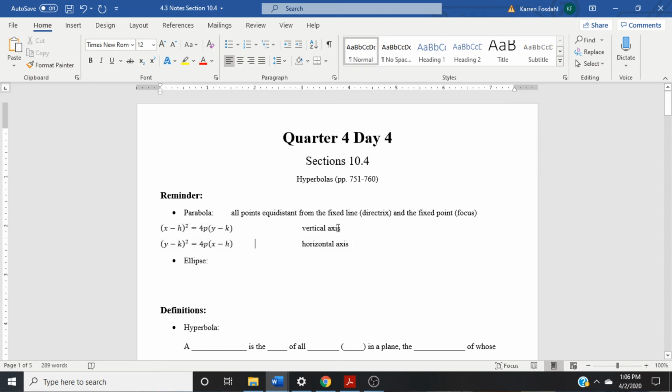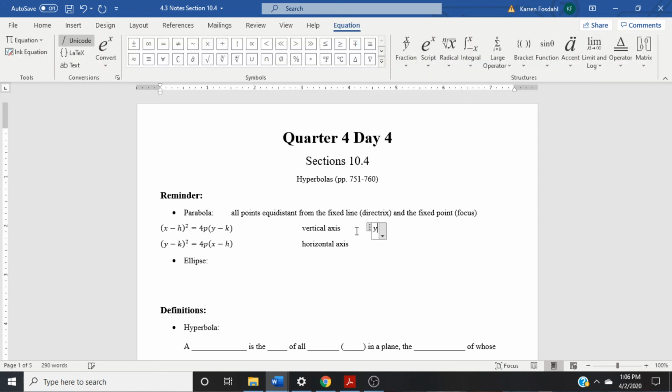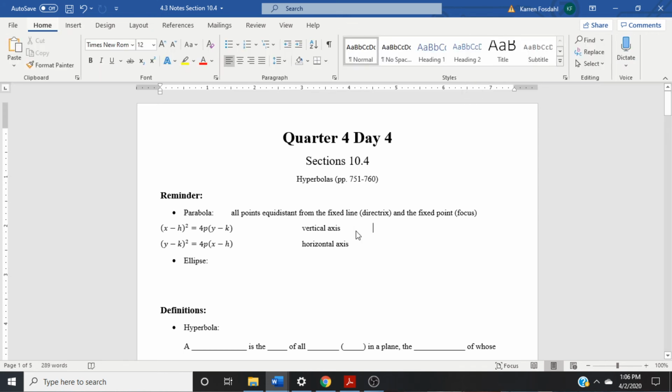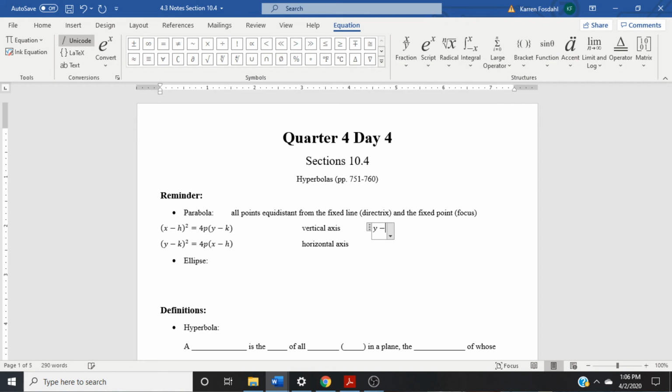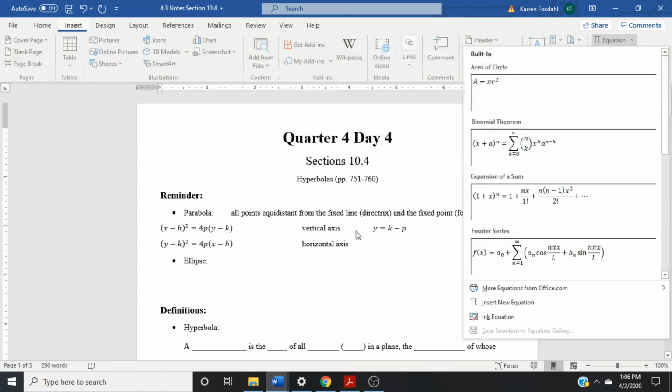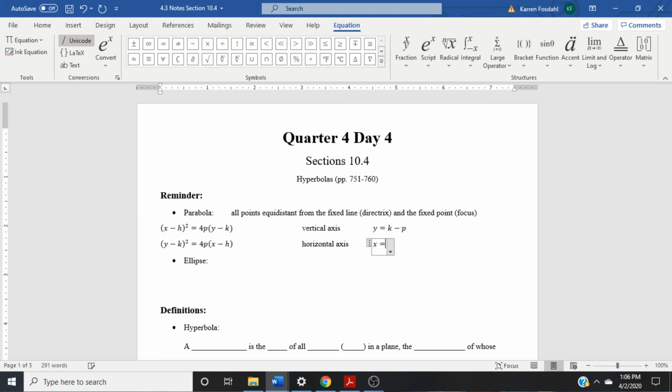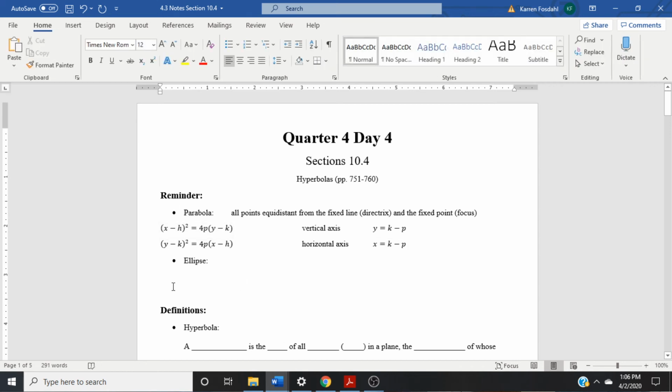Just remember that the directrix is y = k - p, and this would be x = h - p. This is just a reminder, guys, of a parabola.